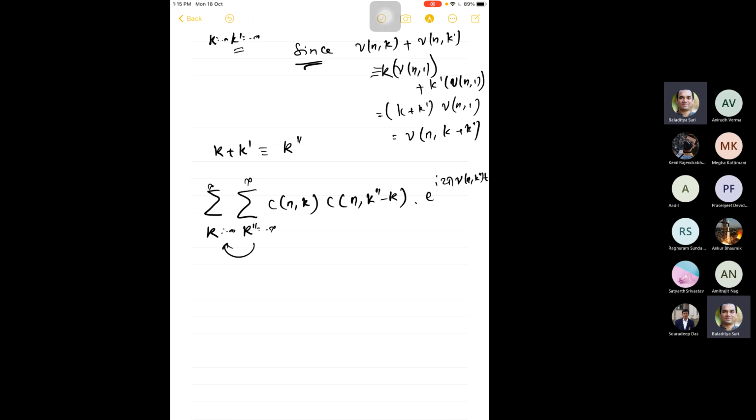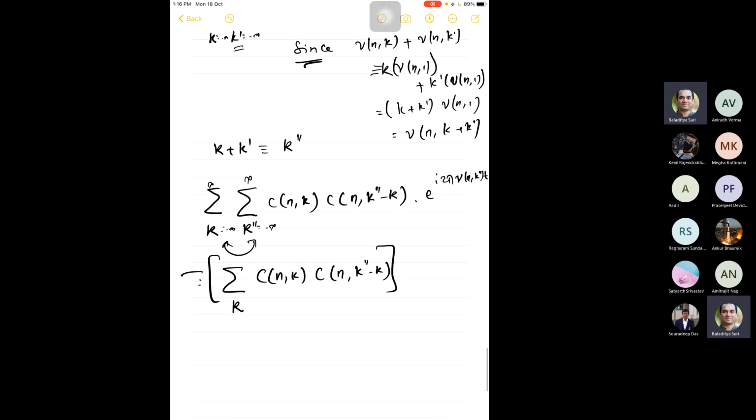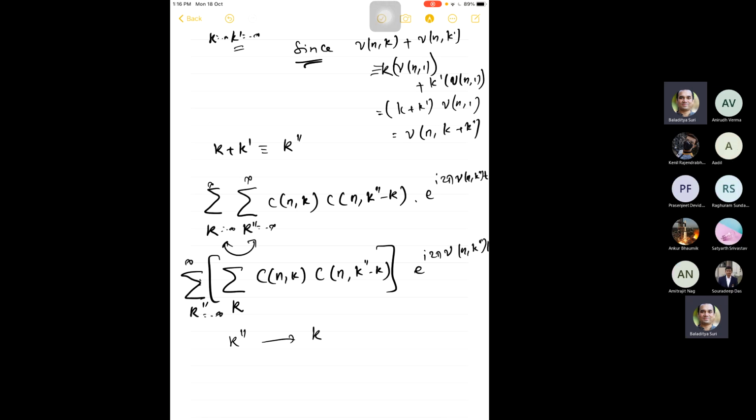And now I'm going to interchange these two, and I'm going to write this as summation over k from minus infinity to infinity, C of n comma k, C of n comma k double prime minus k. This is one quantity. And on the outside, I have the k double prime summation, which is e to the power of I 2 pi nu n k double prime t, where k double prime goes from minus infinity to infinity. Now I'm going to make another change of variables, a relabeling. I call k prime, k double prime k, and k as k prime. Nobody is stopping me from doing it.